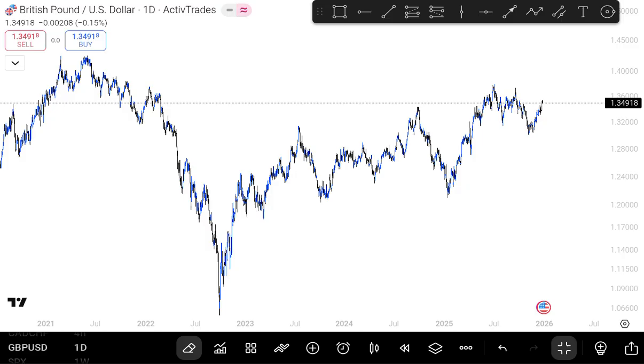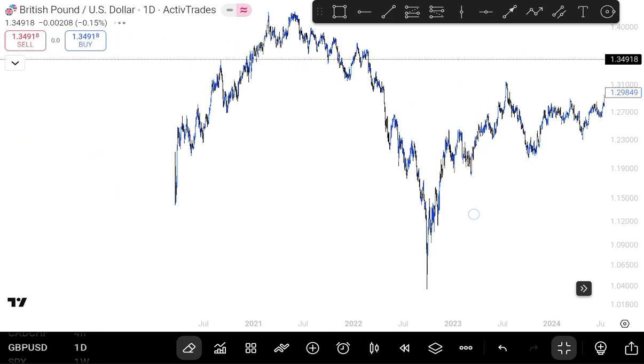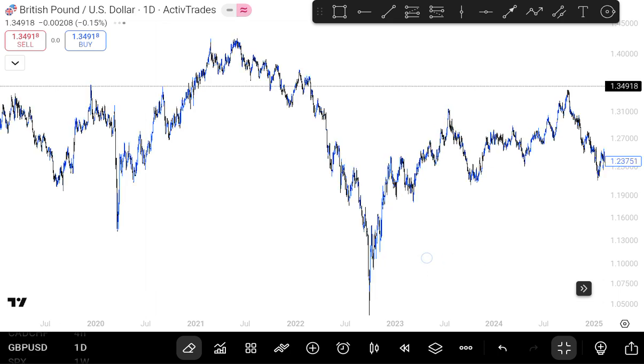We also have the ranging market and what we call the choppy market. Now we want to bring out all those three types of the market on a real chart.